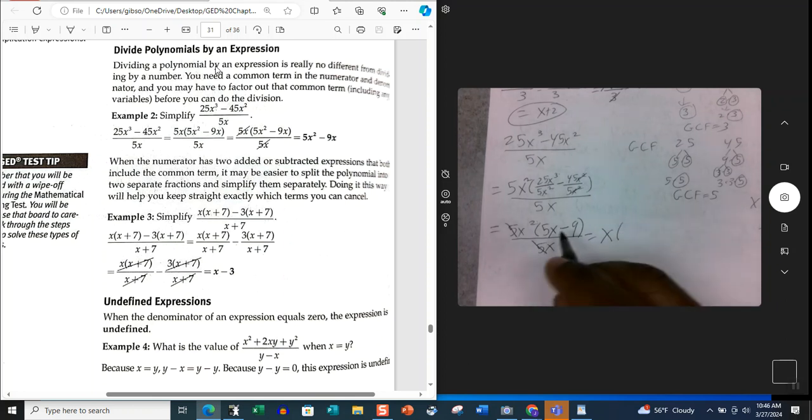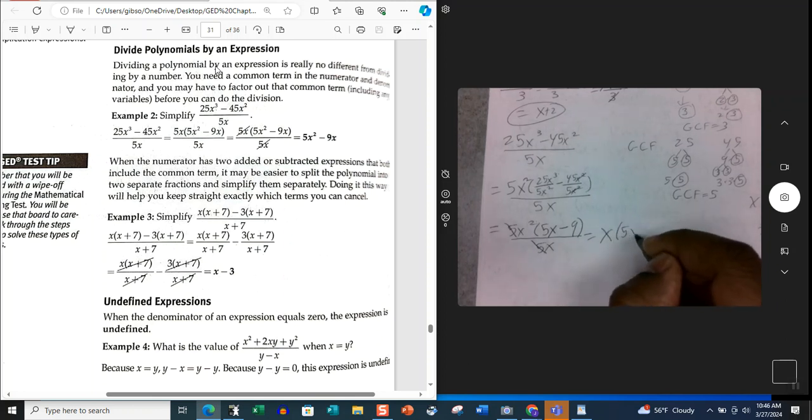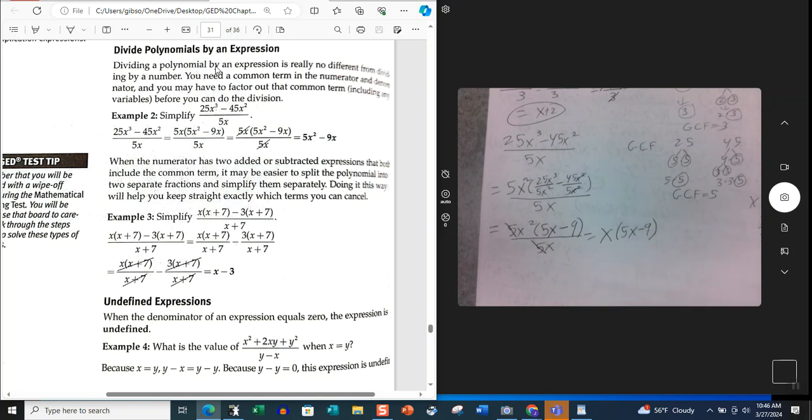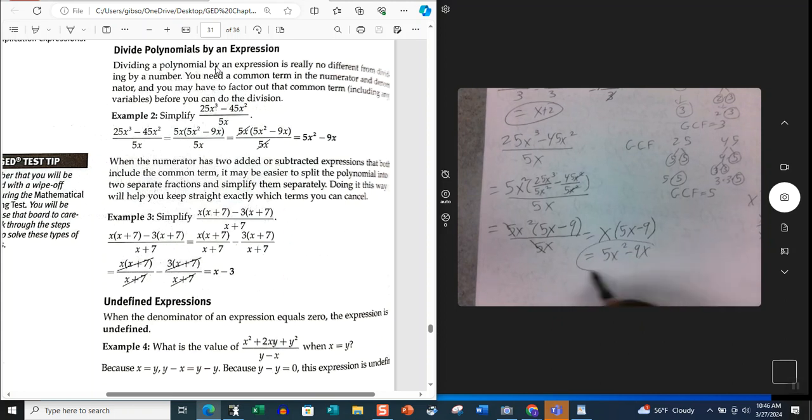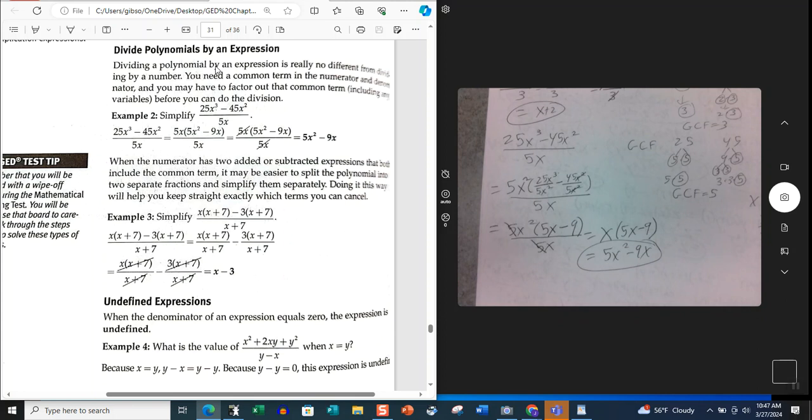So then we would have 5x minus 9. So we will multiply these, and this will give us 5x squared minus 9x, because we want our final answer to not have the parenthesis. Okay, now, we're done with example 2.